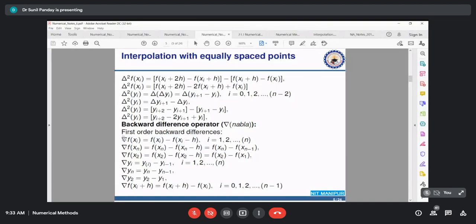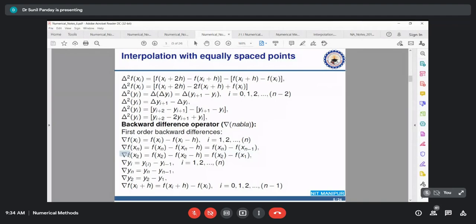And here I can calculate the backward difference of f of xn also. Like f of xn, it is f of xn minus f of xn minus h, and xn minus h means xn minus 1.